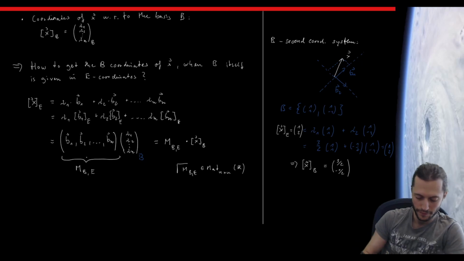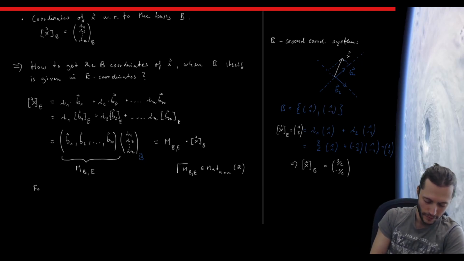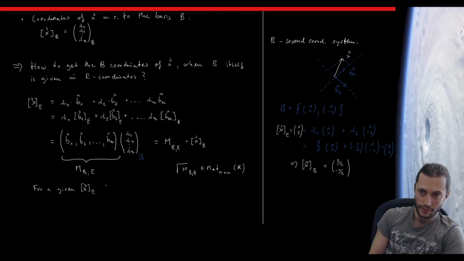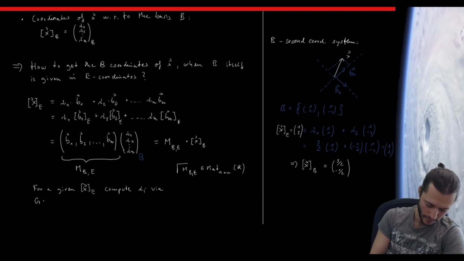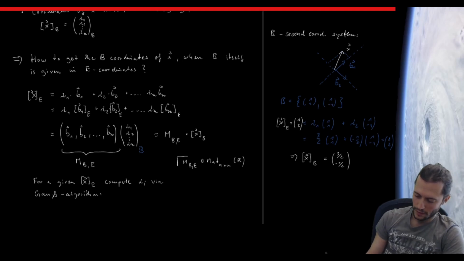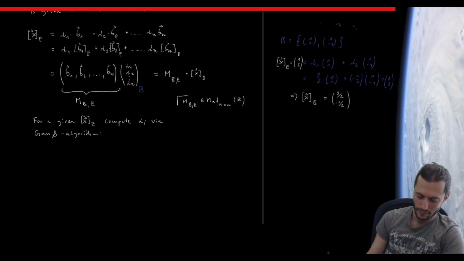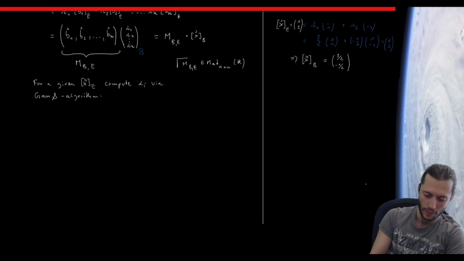So for a given x in standard coordinates, compute the lambdas via Gauss algorithm. How does this look?